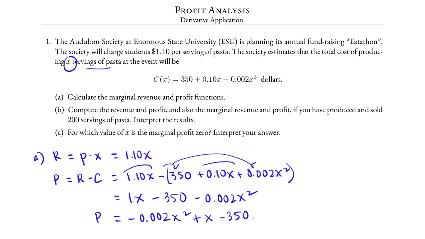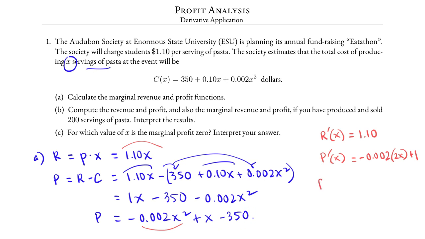Once we obtain the revenue function and the profit function, we can find their marginal. The marginal revenue is R prime of x, which is the derivative of 1.10x, or simply 1.10. The marginal profit is P prime of x, which is the derivative of the profit function: negative 0.002 times 2x, plus the derivative of x, which is 1, and the derivative of negative 350 is 0.